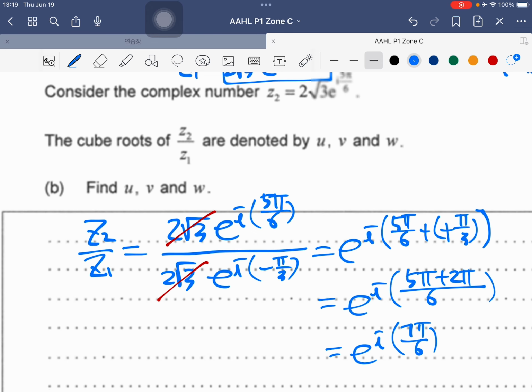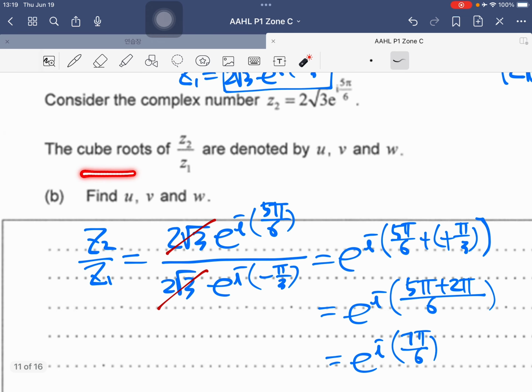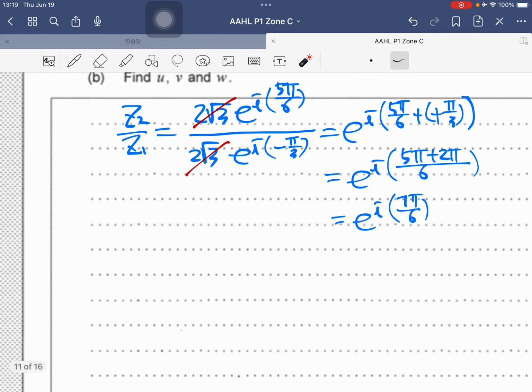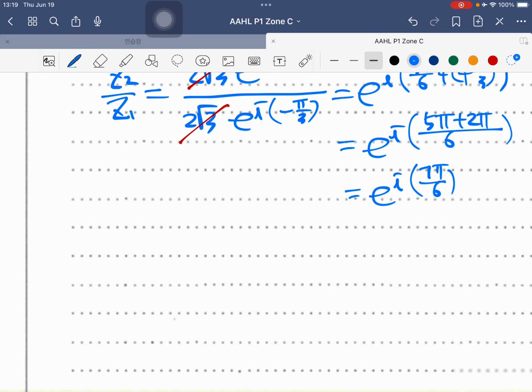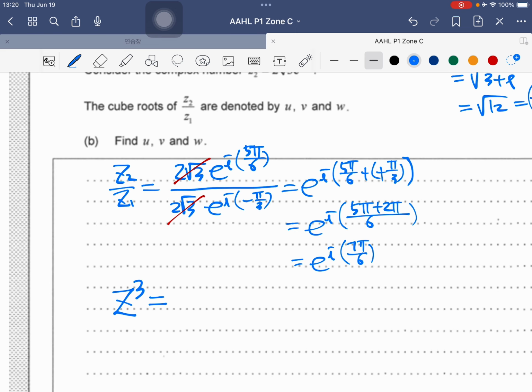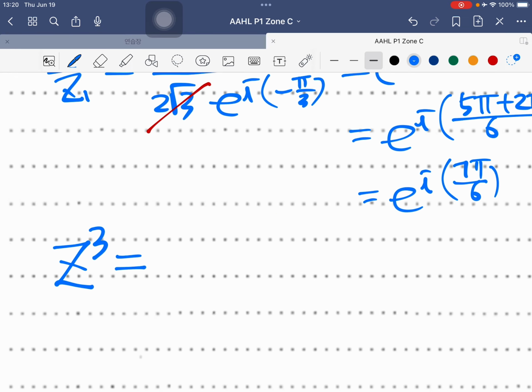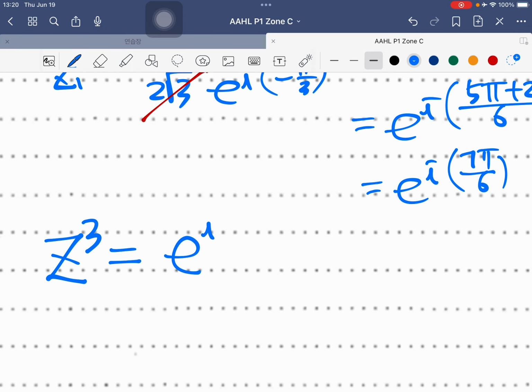And then the question says the cube roots of this number are u, v, w. So z to the third power equals e to the i of 7 pi over 6.